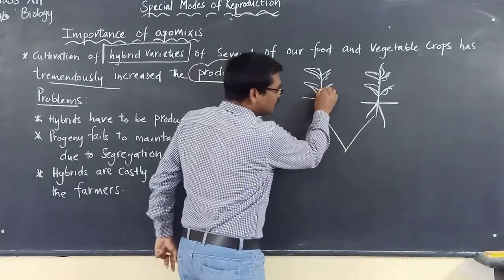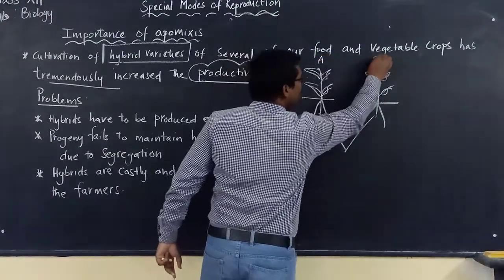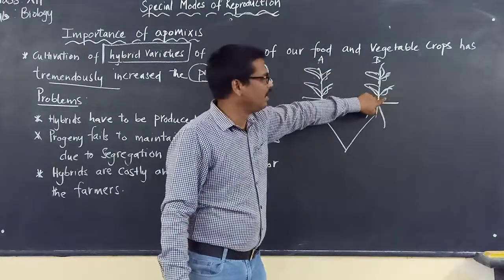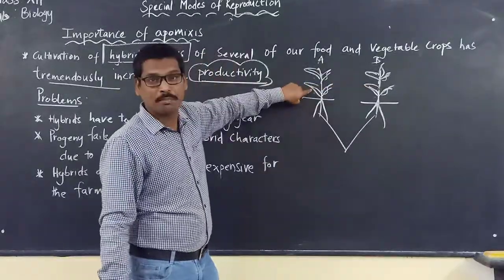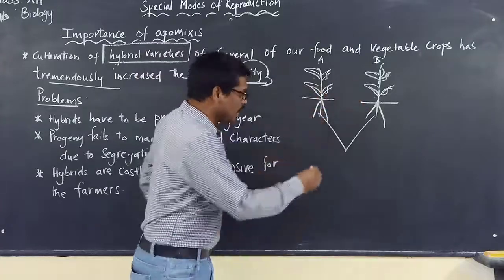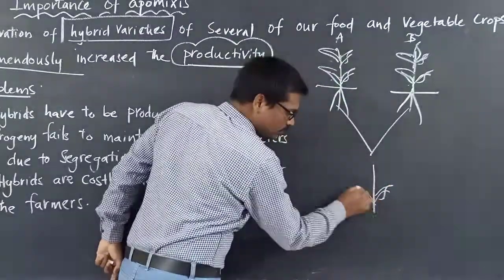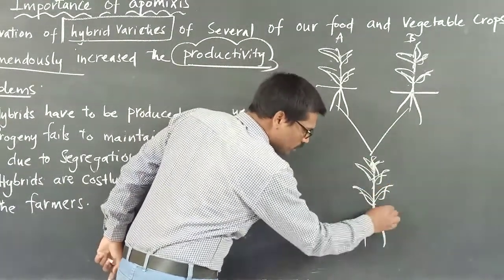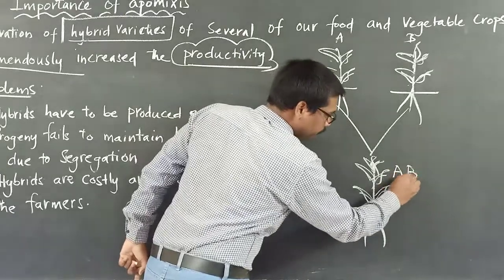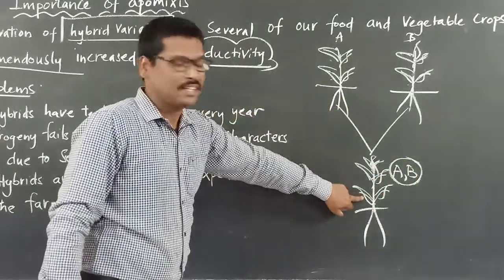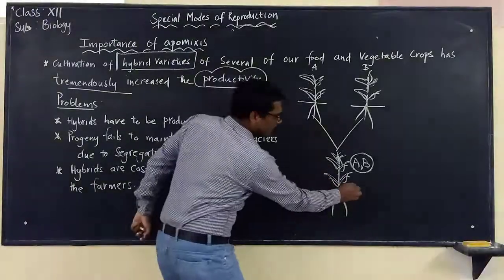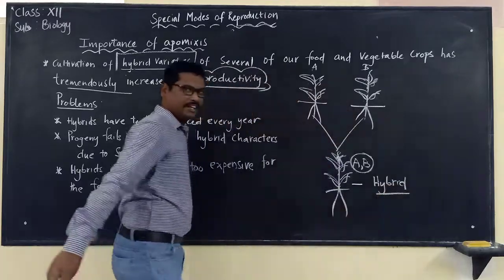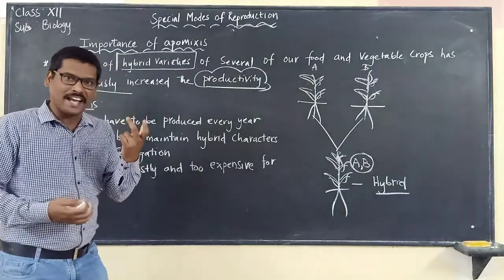Let us say the characteristics are A and B. Characteristic A is not present in plant B, and characteristic B is not present in plant A. But when these two are crossed, you get one crop which has both characteristics. A and B are present in this particular crop. This we call the hybrid. Now we got a hybrid with desired characteristics.